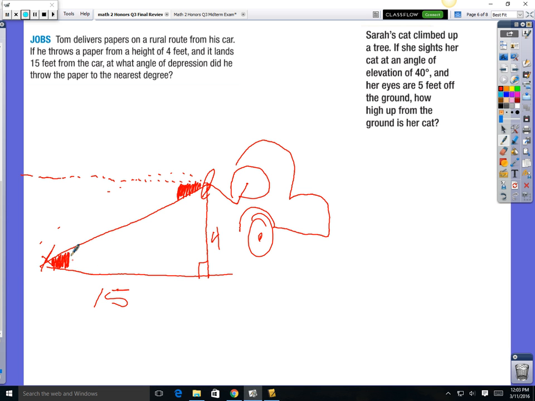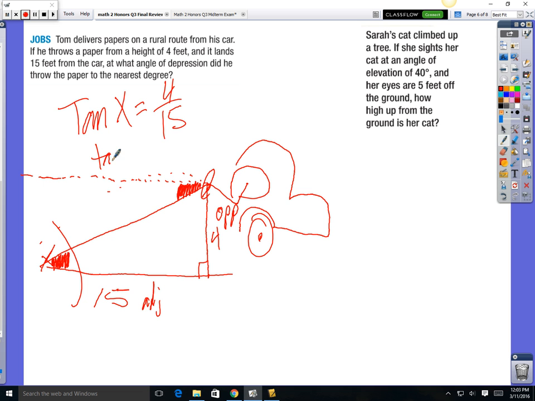So my triangle right here, I'm going to mark it from here. This piece is opposite. This piece is adjacent. So the trig we're going to use is tangent. So it's going to be tangent of this angle right here, which we don't know what it is. And the trig is going to be 4 over 15. Okay, now to solve for x, we got to undo the tangent.